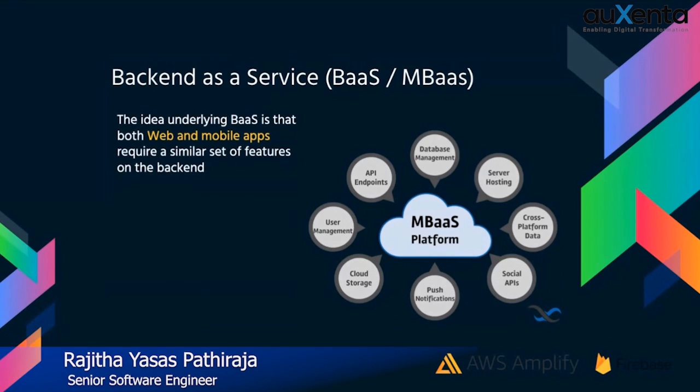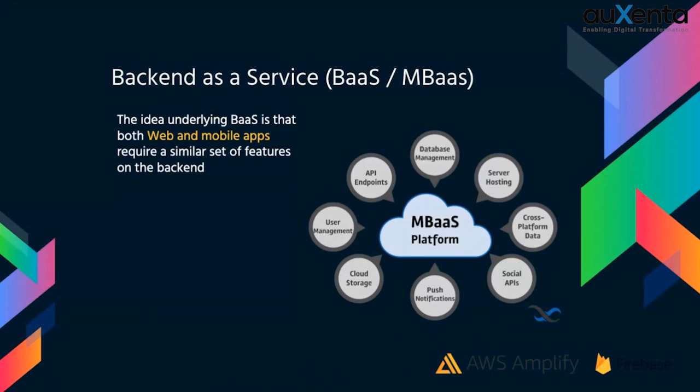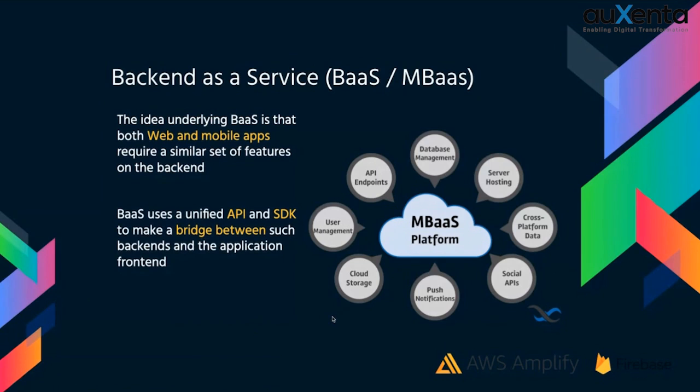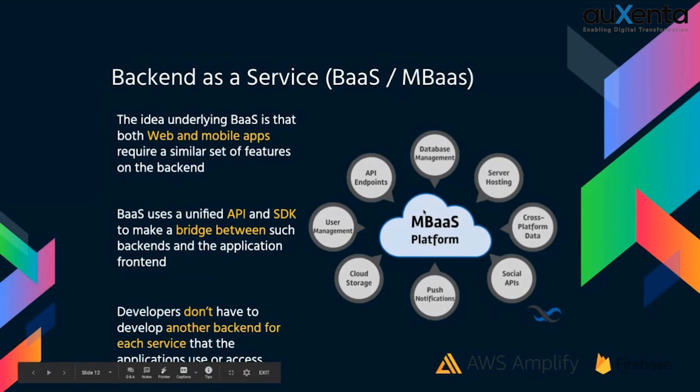The idea underlying BaaS is that both web and mobile applications require a similar set of features on the backend, such as push notifications, server code, file management, social network integration, location services, and user management, etc. So, BaaS uses a unified API and SDK to manage the bridge between the backend and the front-end application. In this way, developers don't have to develop another backend for each service that the application uses or accesses. For an example, AWS Amplify and Firebase are backend as a service.